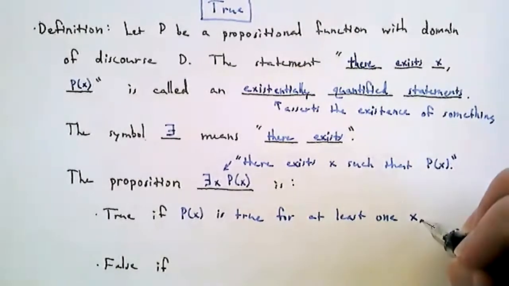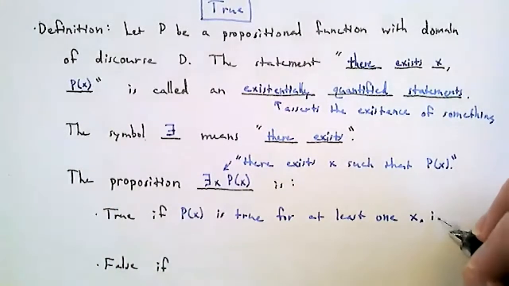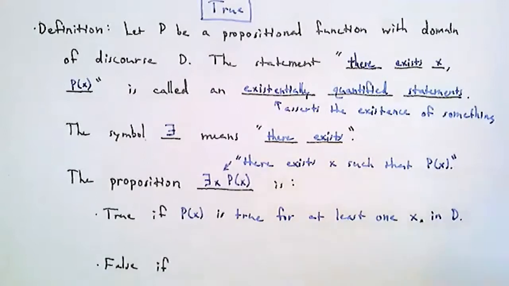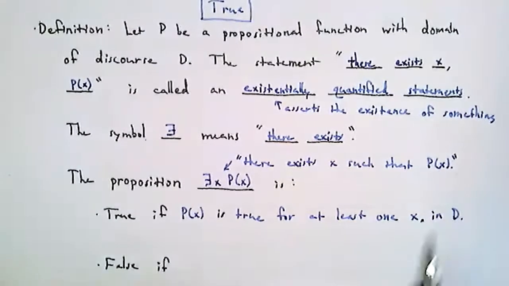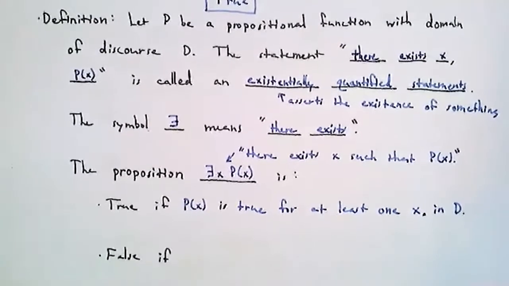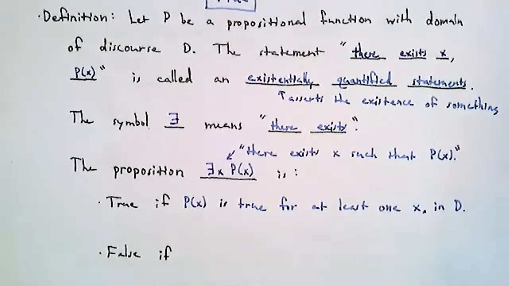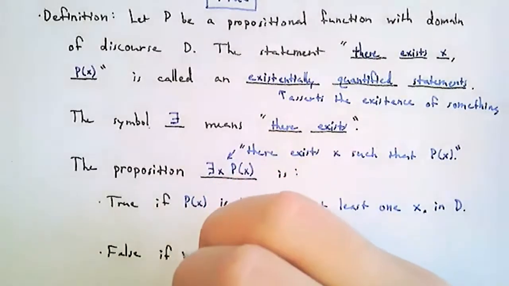And I should specify, since we already named our domain of discourse, one X in D. And this is going to be false if that doesn't happen. So if there isn't at least one X that makes this propositional function true, then that means it's false.